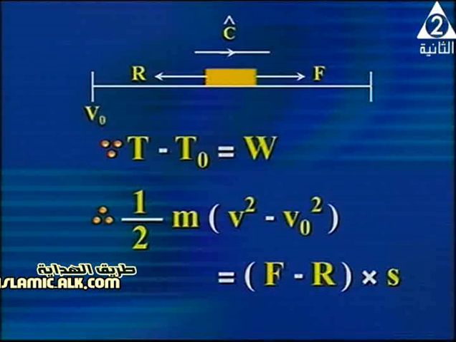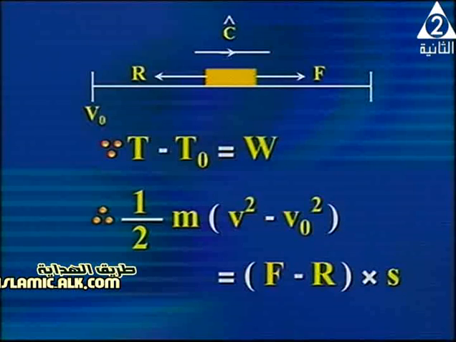What is the F minus R? Look at the graph, student. The force of the car is in the direction of the C vector, but the resistance R is in the opposite direction to the force F. Then F minus R times S equals the change of kinetic energy. Why?